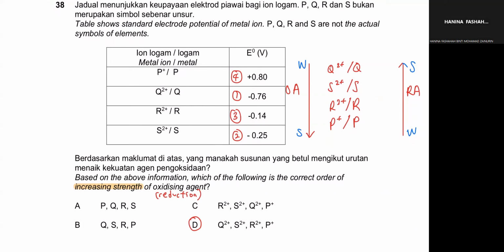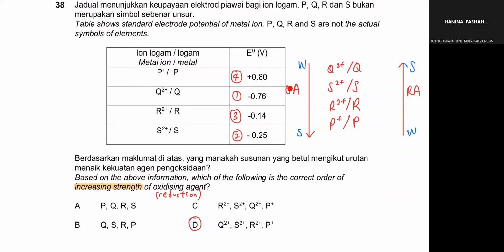You have to look at the table, like there's a lot of standard electrode potential values, a lot of equations. If the ion is in the reduction form, then this one is the oxidizing agent, this one is the reducing agent.